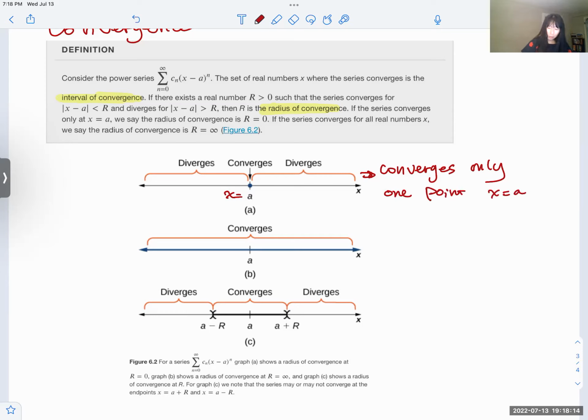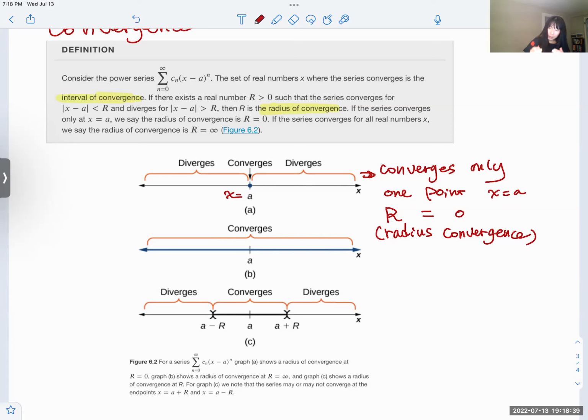Then the radius of convergence R equals 0. Let me explain later why it is 0.